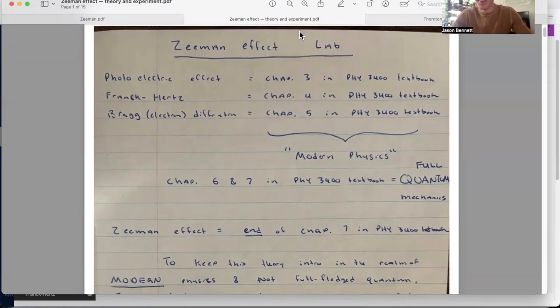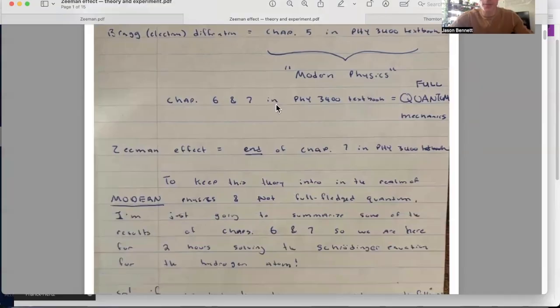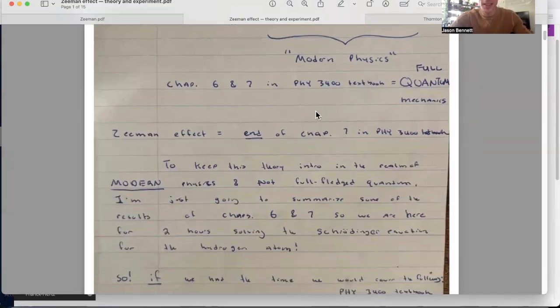So going through all of chapter 6 and 7, basically solving the Schrodinger equation in three-dimensional spherical coordinates, would be a long time. So let's not sit here for 3 hours. I'm just going to summarize everything from those chapters that we would go through if we were being as rigorous as possible.